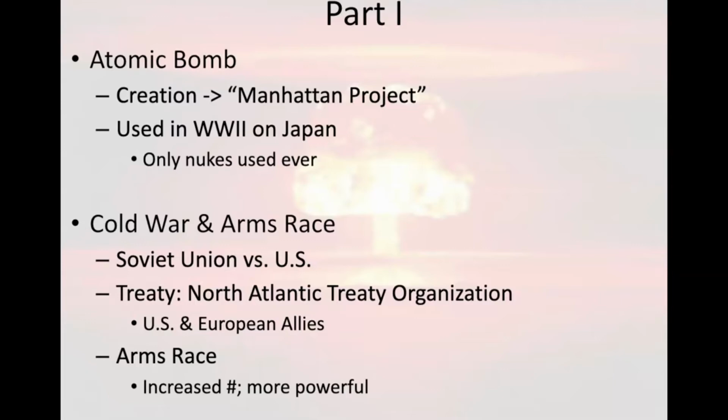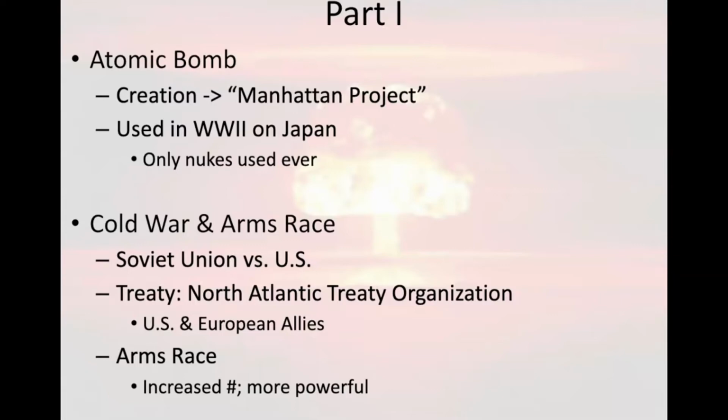So early on here, the United States is going to create NATO, the North Atlantic Treaty Organization, NATO for short. It's a treaty between the United States and the European allies. At the same time, you get the arms race.